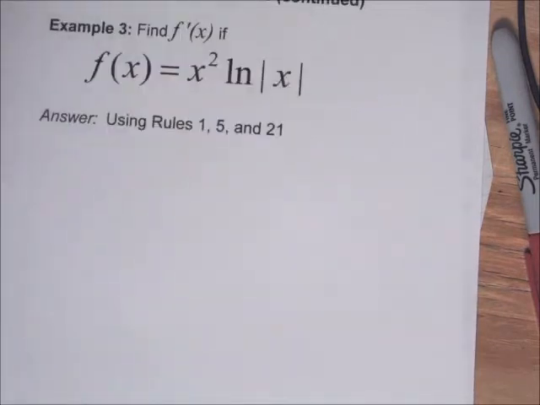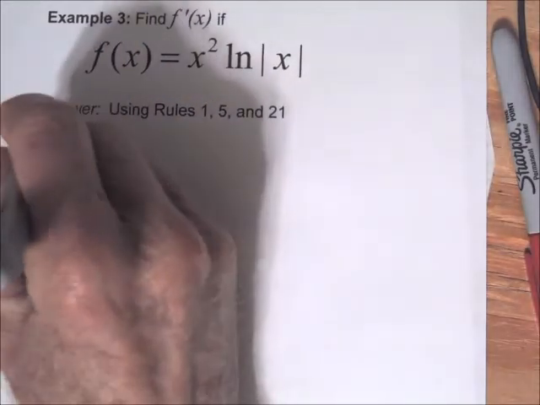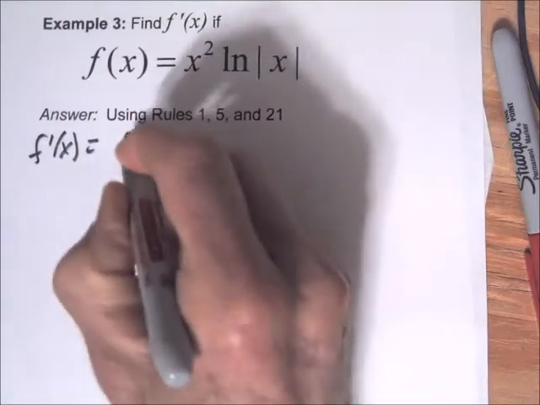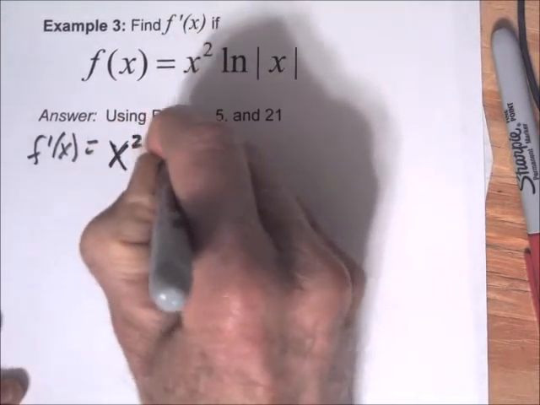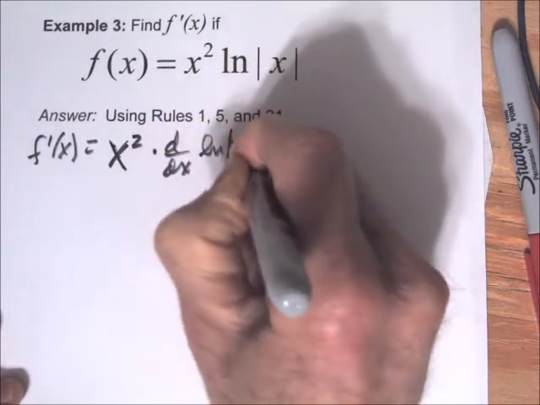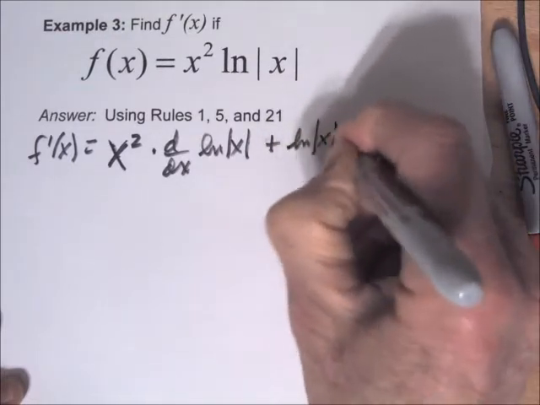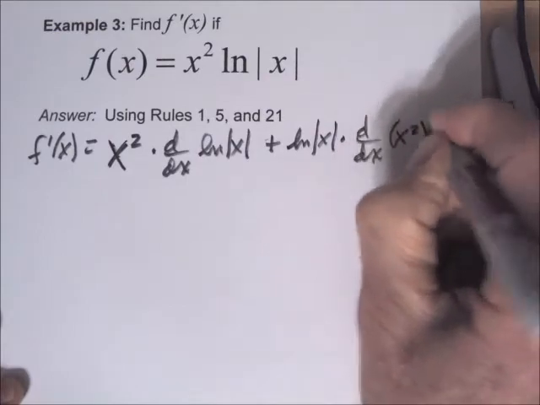The derivative of ln absolute value of x is 1 over x. So f prime of x, this is a product, so we want x squared times the derivative with respect to x of ln absolute value of x, plus ln absolute value of x times the derivative with respect to x of x squared.